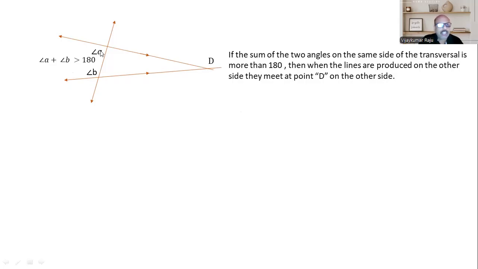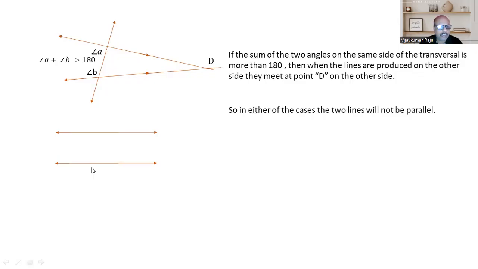The angles are here and the lines are produced on the other side and they meet at a point D. So if the sum of the angles is more than 180, they intersect. If it is less than 180, also they intersect. That means it cannot be more than 180, it cannot be less than 180. It has to be 180 for the lines to be parallel. So in either of the cases, the two lines will not be parallel because they are intersecting.